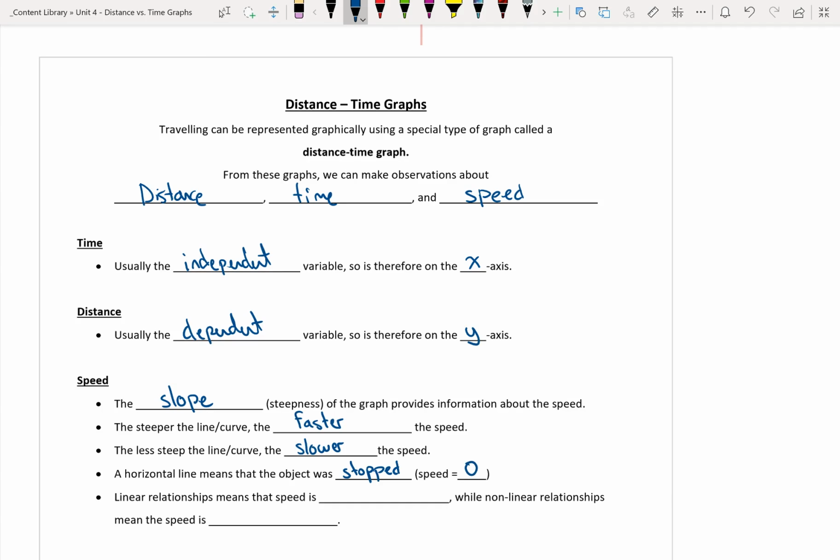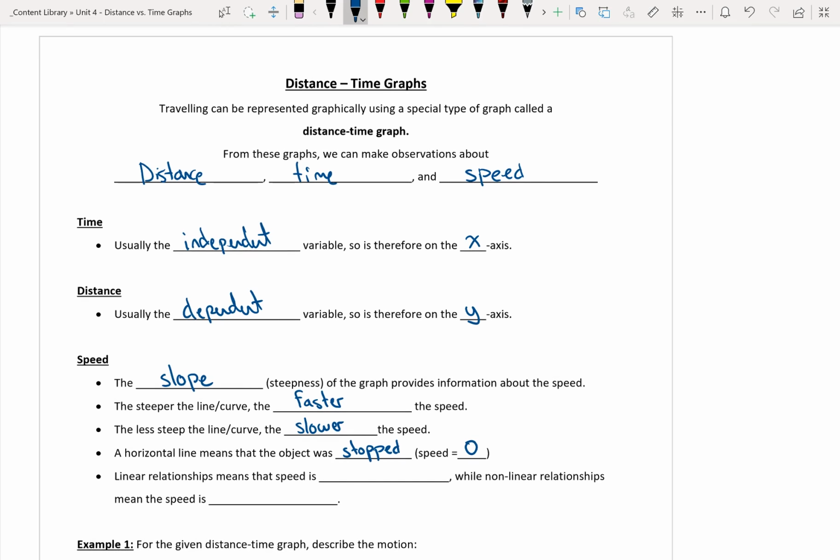If we have a linear relationship, and we've talked about linear relationships before, a linear relationship means that the speed is constant. So it means it's the exact same across the entire line, while non-linear relationships means that the speed is either, we can say, accelerating or decelerating.